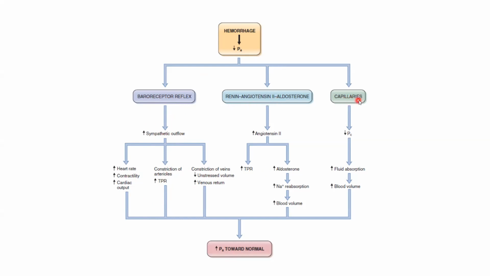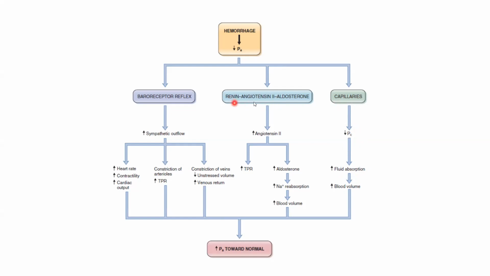We'll do the capillaries first. So in capillaries, this decreased hydrostatic pressure will lead to fluid absorption from the interstitium, and that is supposed to increase the blood volume. We also studied stress relaxation, and in this case, you will have some sort of a contraction at the level of the veins so that the blood pressure inside the vessels is improved.